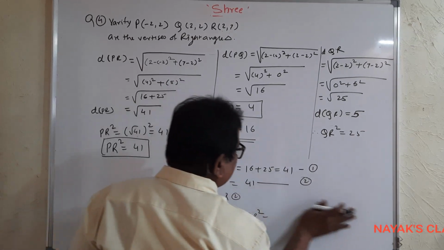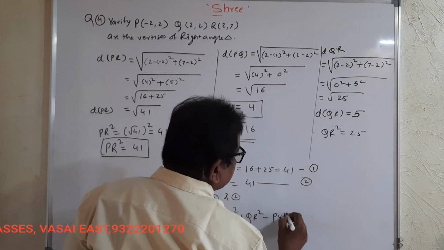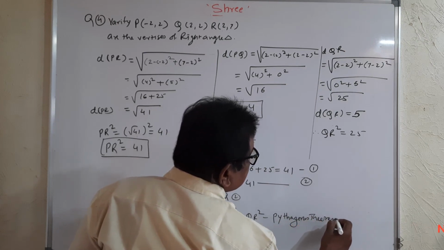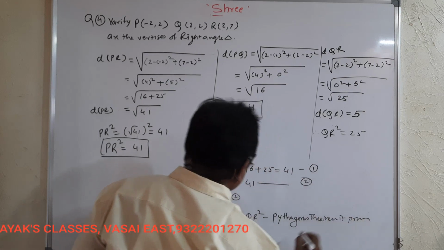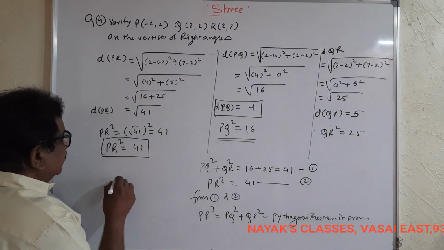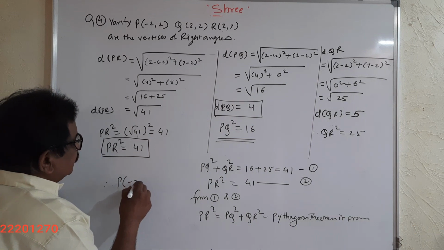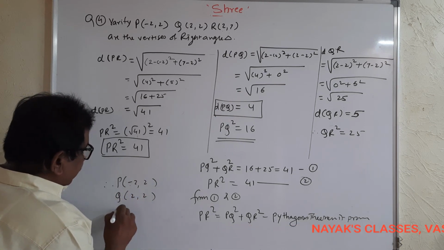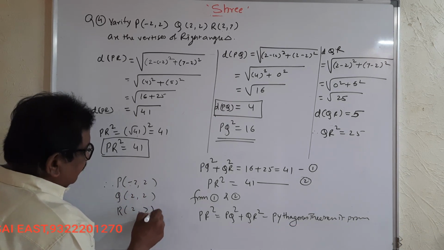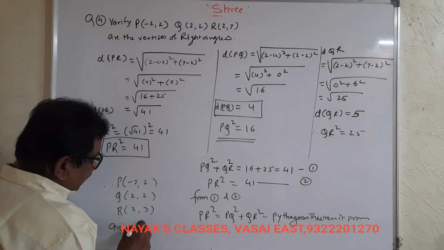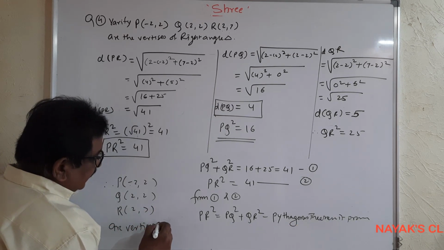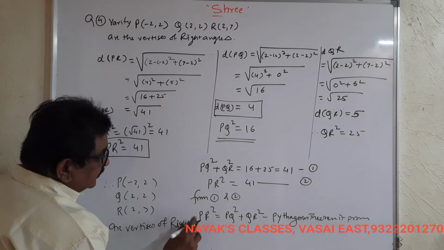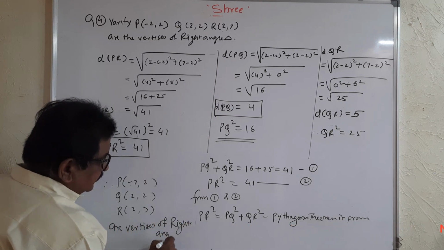Pythagoras theorem is proved. Therefore, point P(-2, 2), point Q(2, 2), and point R(2, 7) are vertices of a right angled triangle.